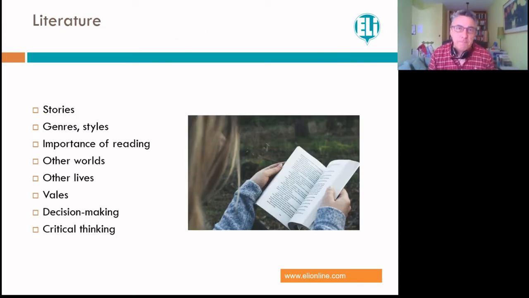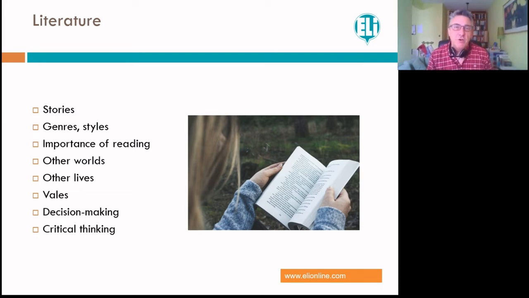And of course, literature is a fantastic way to balance the language skills that we're doing in the classroom. It's not just reading. When we have literature, we can do listening through the audio. You can also have lots of writing skills to develop responses or writing little reports about the characters.